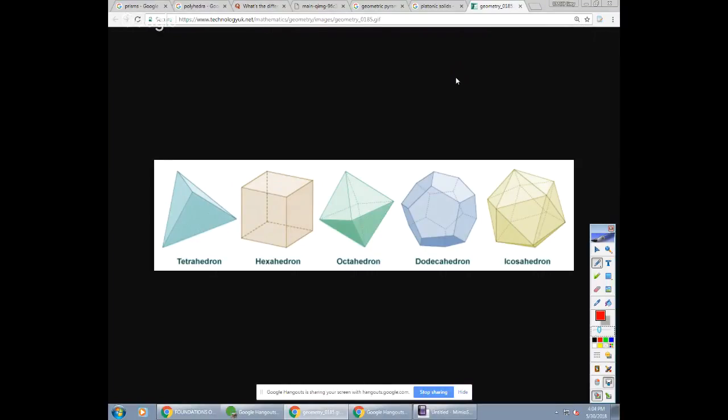So these are the platonic solids right here. They are thought to be the 5 most perfect polyhedra in existence. They were discovered many, many years ago. Notice the name of them, platonic. So Plato is attributed to having said these were the most perfect geometric solids.